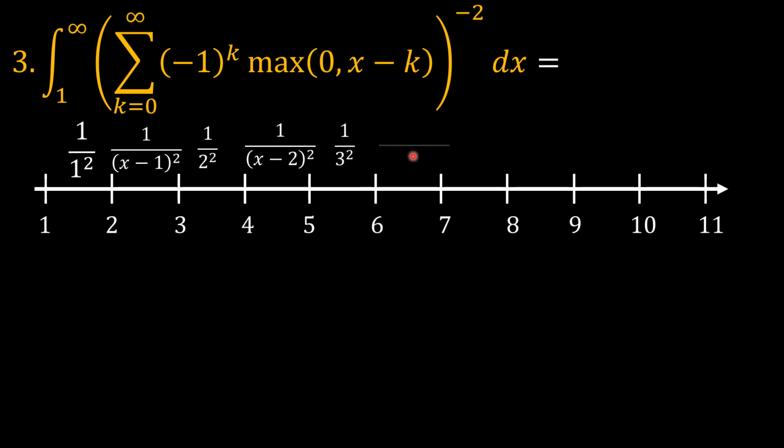This is x minus 3 squared, and then between 7 and 8 we have 1 over 4 squared, and between 8 and 9 we have x minus 4 squared. So that is actually what our integral is all about.